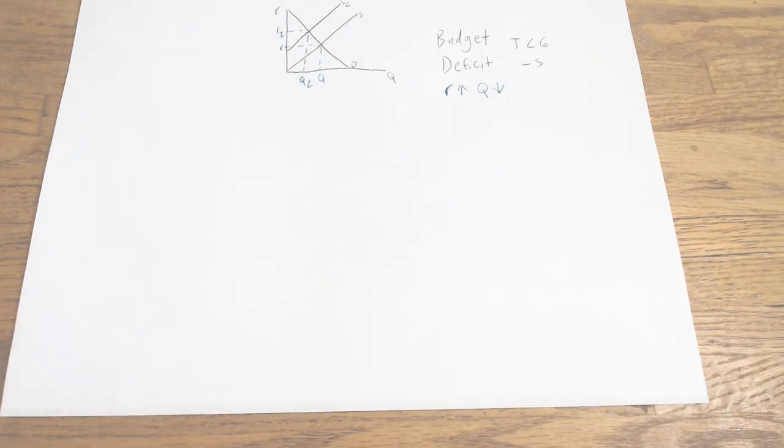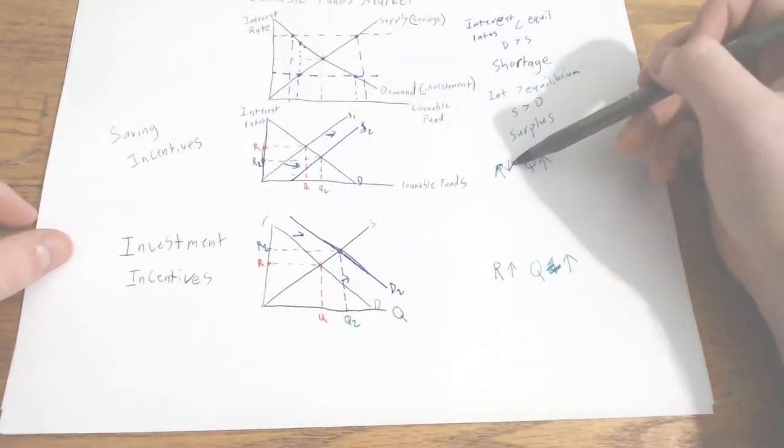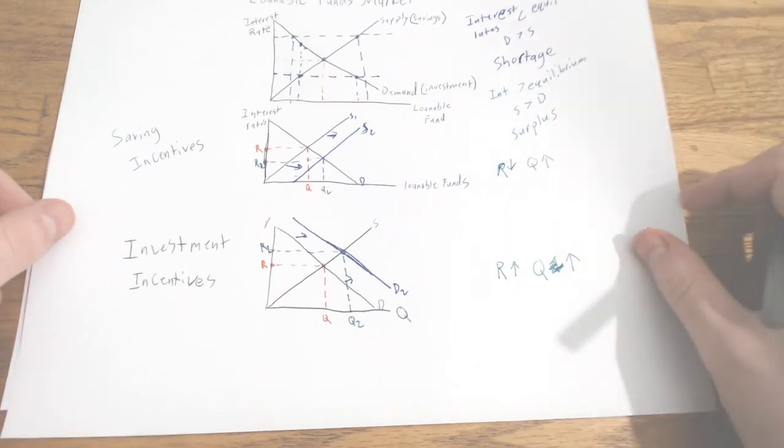A budget surplus is going to have the opposite effect. It's going to be exactly the same as a saving incentive. Our S is going to increase, our R is going to go down, our Q is going to go up.